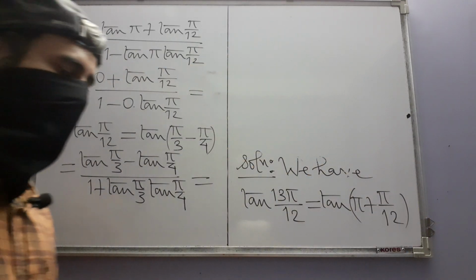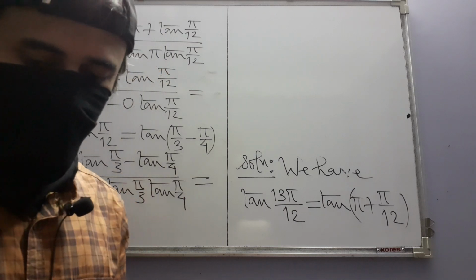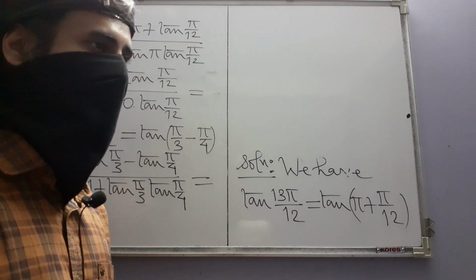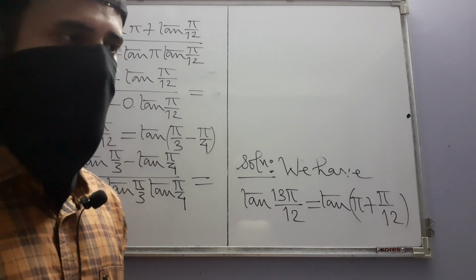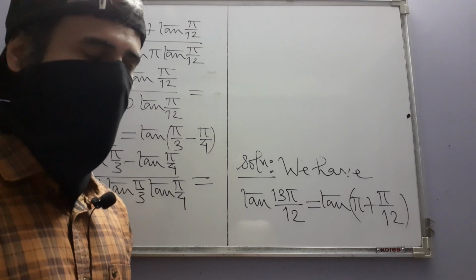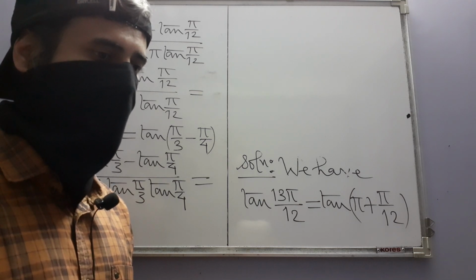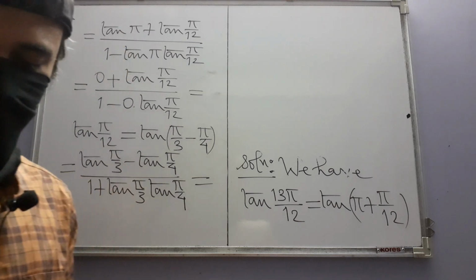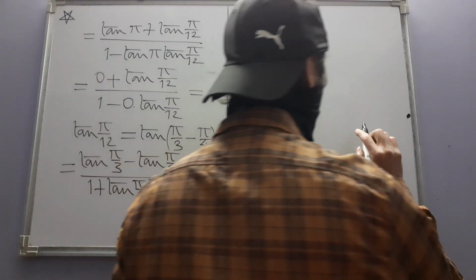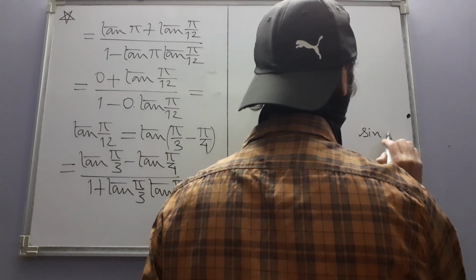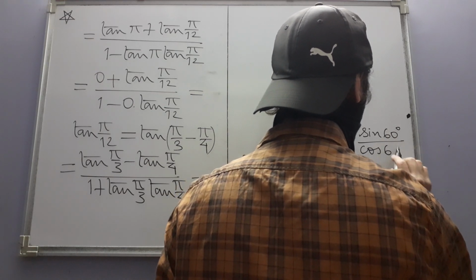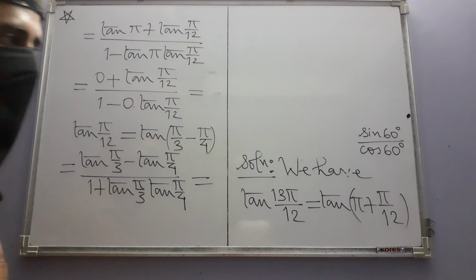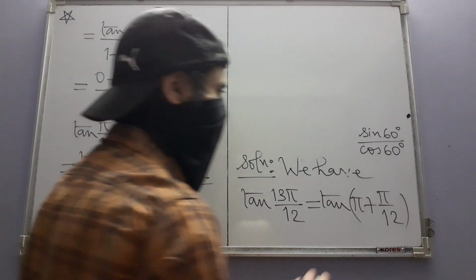So tan pi over 3 is going to be what? This is tan 60 degree. If you do not remember what tan 60 degree value is, no problem, you just recall what tan actually is. Sin 60 divided by cos 60.